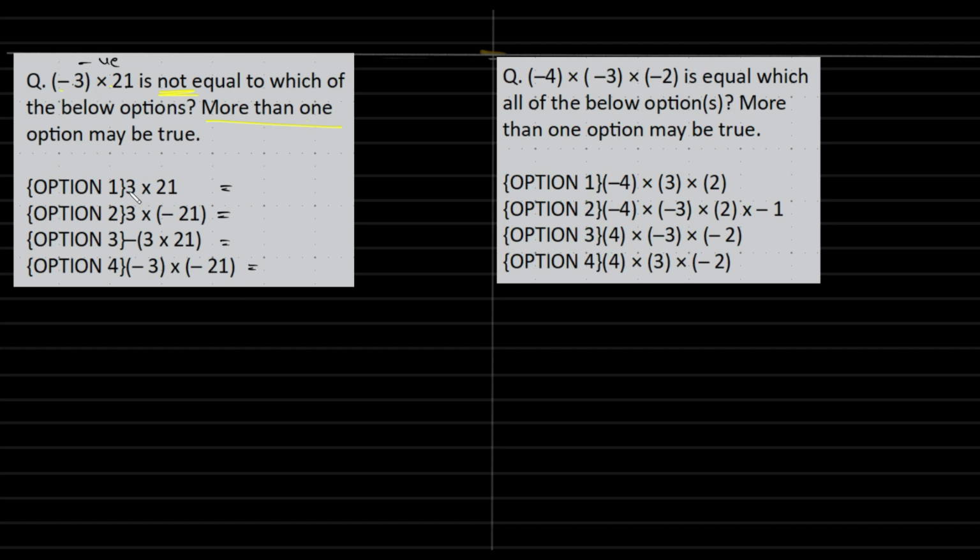So option 1 will give me positive, option 2 will give me negative, right? Odd number of negatives will give me negative. Here too it's odd number of negatives, so negative. Even number of negatives will give me positive. So the answer is option 2 and option 3. Again, please pause, try the next question.